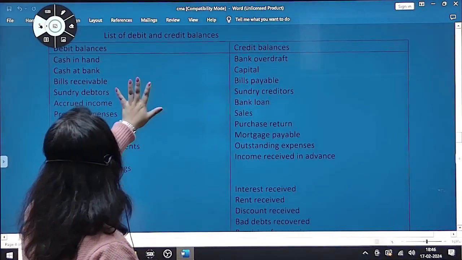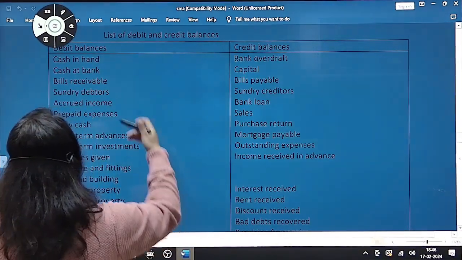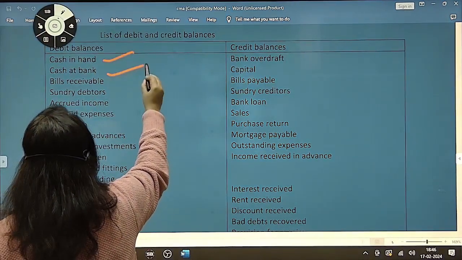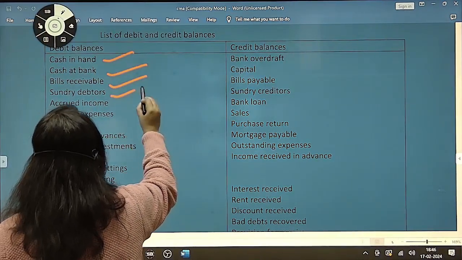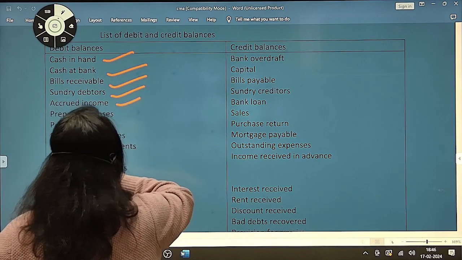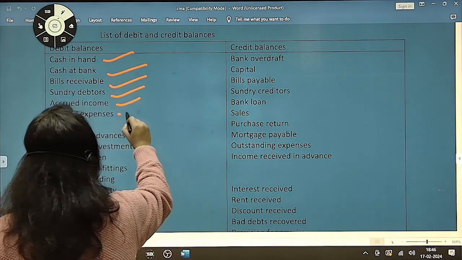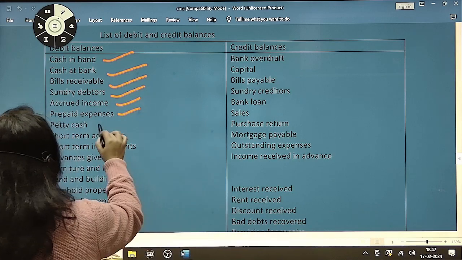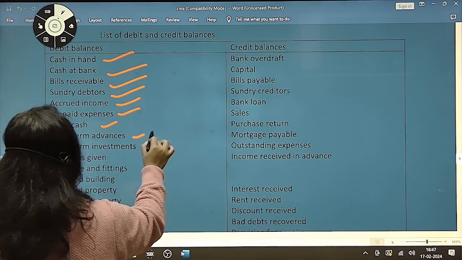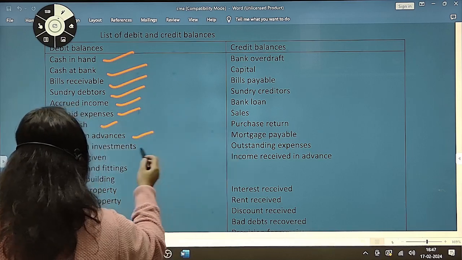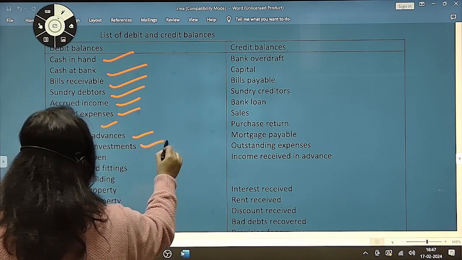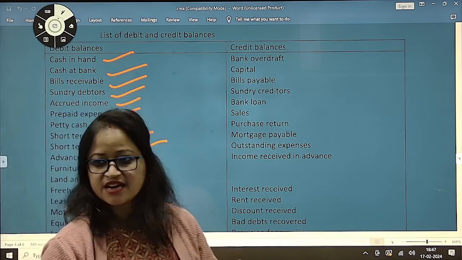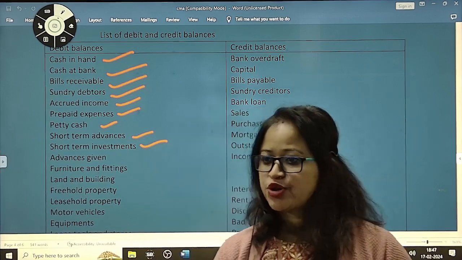These are the list. The debit balances are, you need to remember all this: cash in hand, cash at bank, bills receivable, sundry debtors, accrued income, prepaid expenses, that means expenses paid in advance, petty cash, short-term advances given to someone, short-term investment, any investment made by the firm, which can be in the form of shares or bonds.